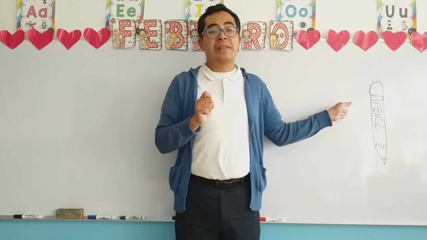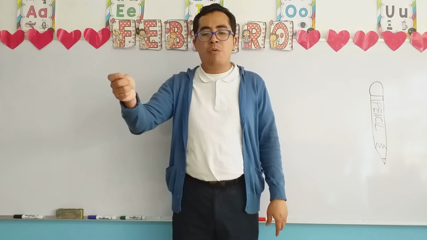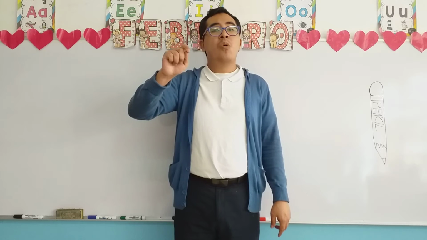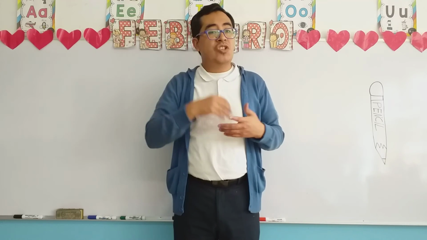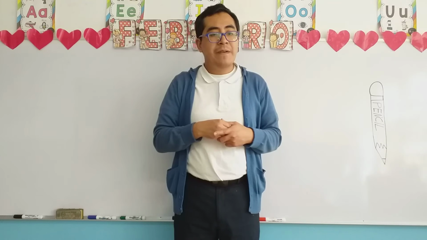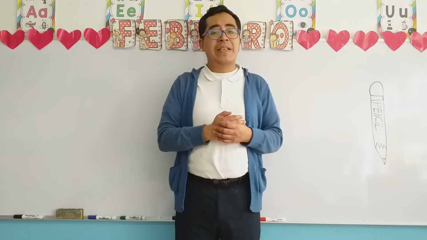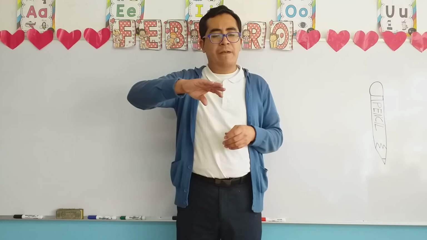Now, there is another object that uses the letter P, and that is pencil. Now, the pencil is a school object that we use to do the homework, to write our name, to draw objects, or to do the activities of Miss Lupita and Teacher Jacob. Okay? Now, for color for the pencils, most of them have color yellow, okay?